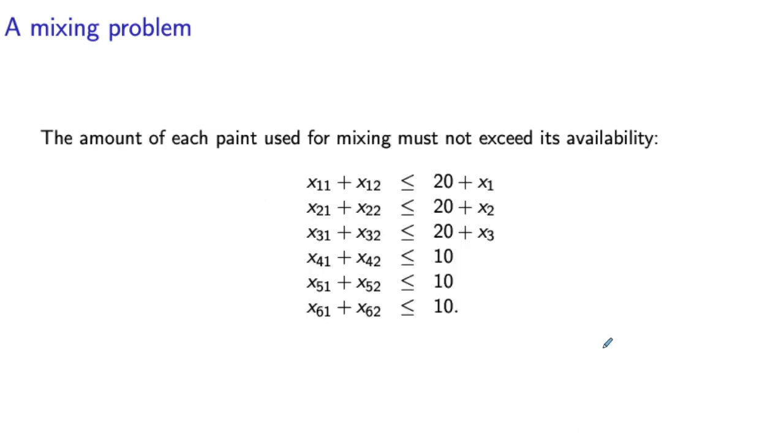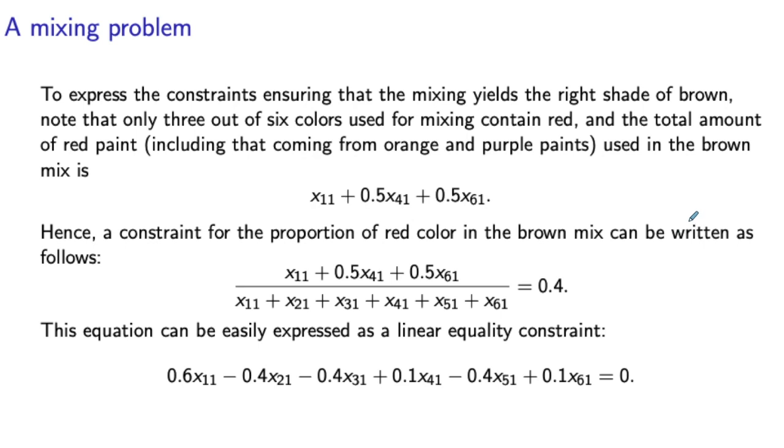And then we specified what we call the supply constraints that ensure that the paints that we use in the mix, we actually do have them either from the supplies that we previously had or from the purchases that we had that are given by X1, X2, and X3. And finally, for mixing constraints, we looked at the proportion of each of the primary colors in each of the mixes, and we needed to ensure that those proportions are exactly as described in the table.